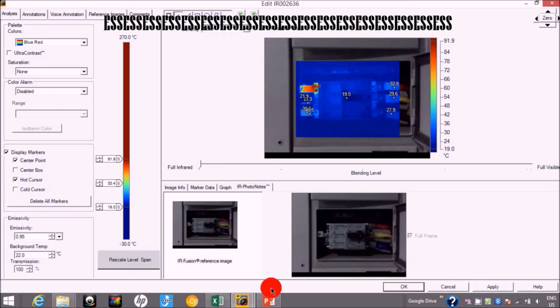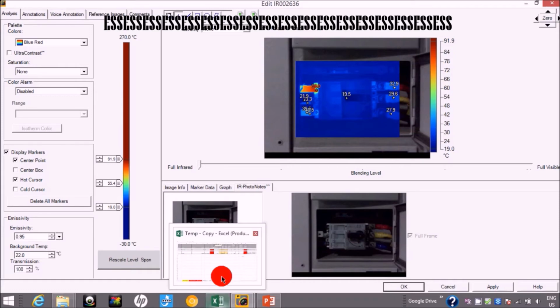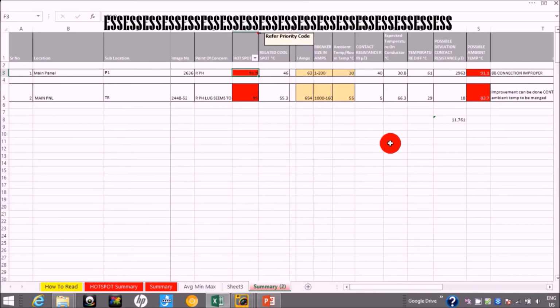So I think everything is clear to you. Here the busbar connection is improper, that is what we have suggested. This factor still remains, so we'll talk about it now.